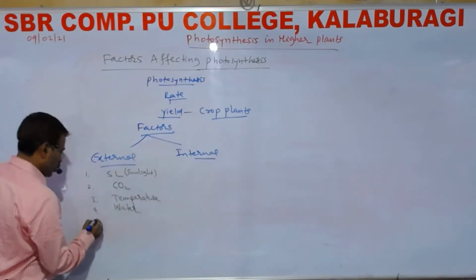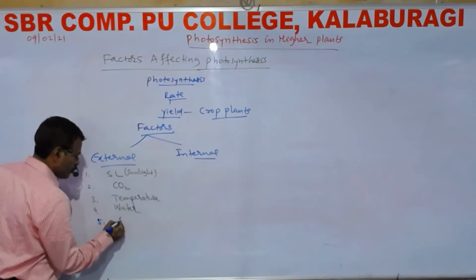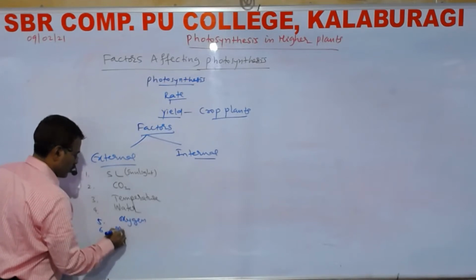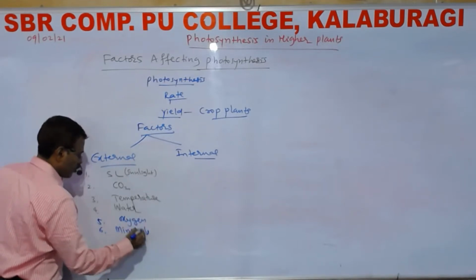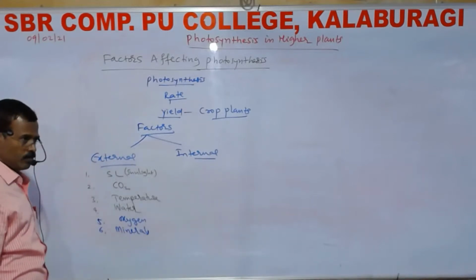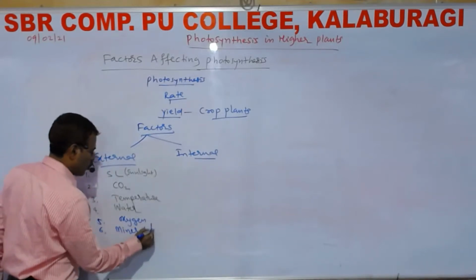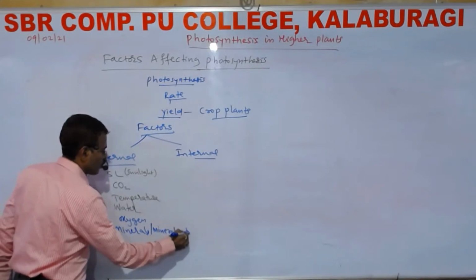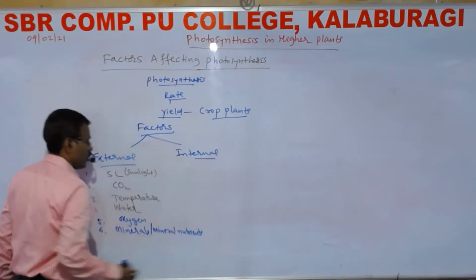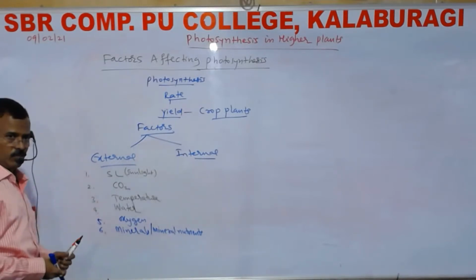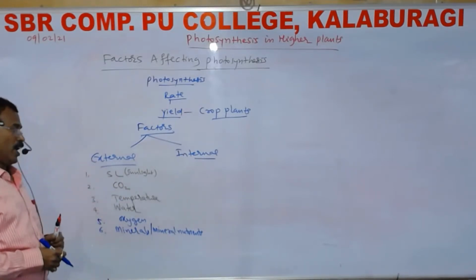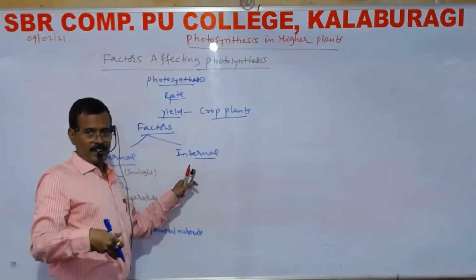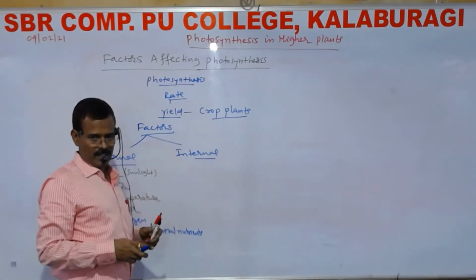In addition to that, you have oxygen, minerals, mineral nutrients. These are the external factors, factors which are present in the surrounding of the plant. Now the factors which are present within the plant, inside the plant, they are internal factors.